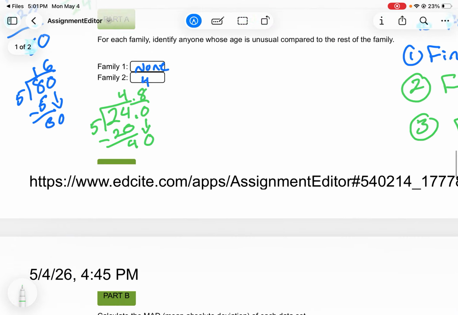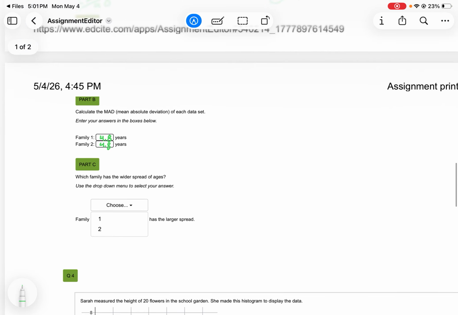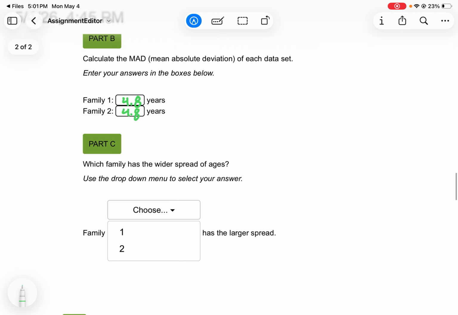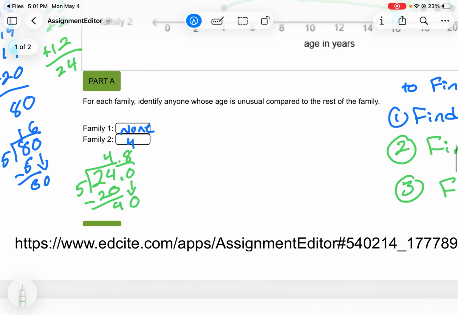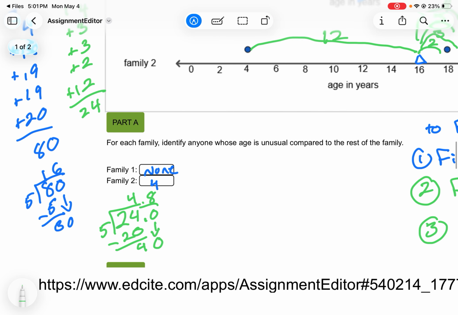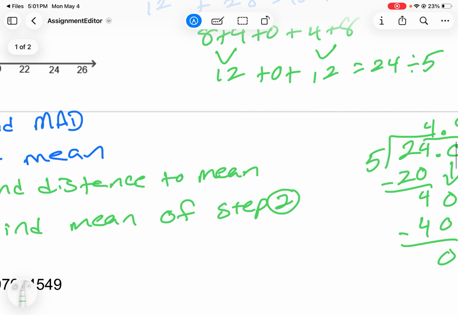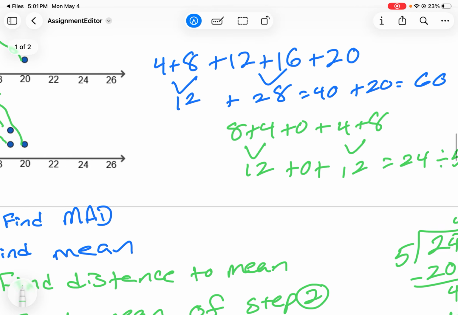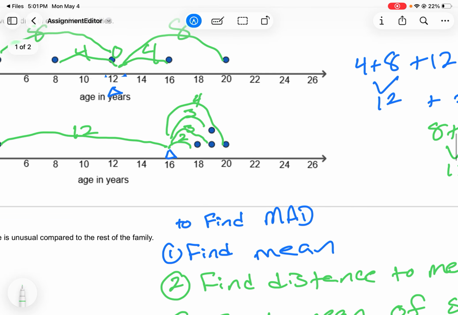Oh, that's why. Because I made up my own numbers. All right, that's why. So the answers will not work out to be the same on the tests, on the quiz. I just chose such wonderful numbers that it worked out to be the same.